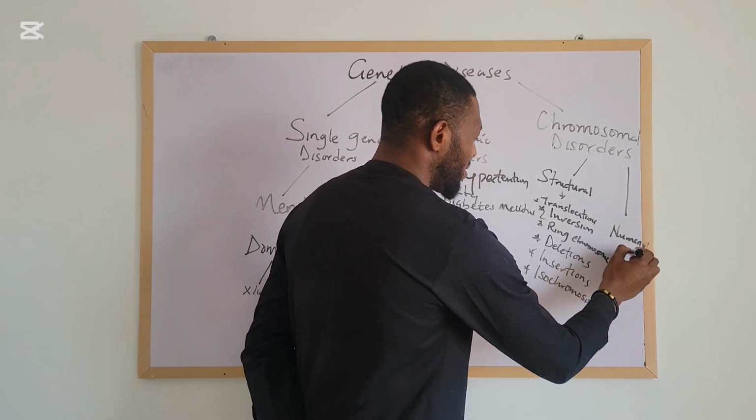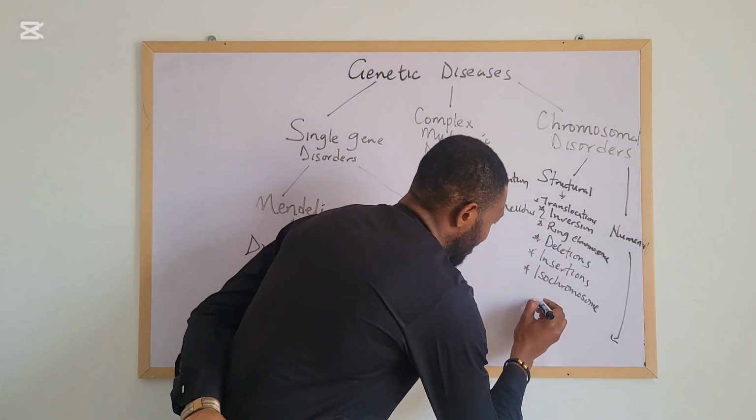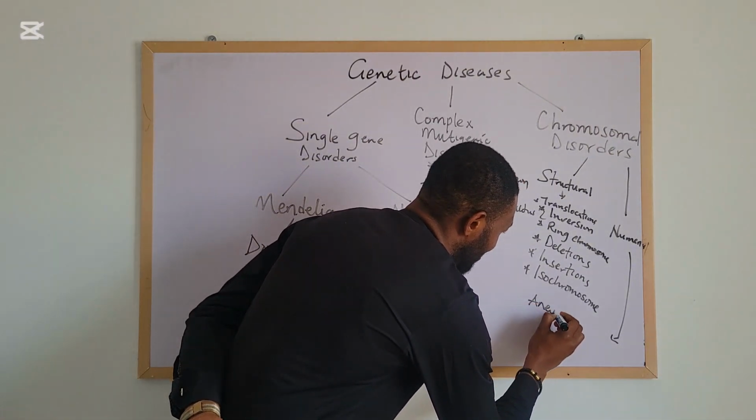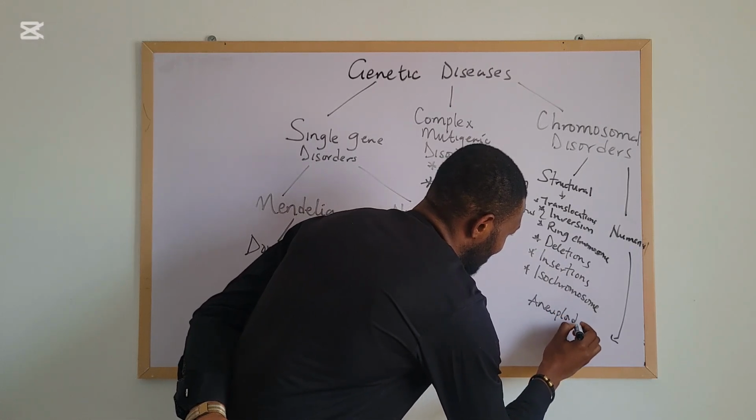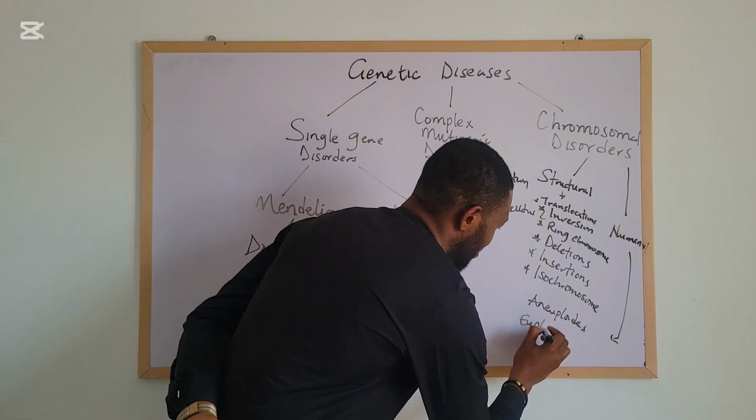Okay, while numerical disorders are aneuploidies and euploidies.